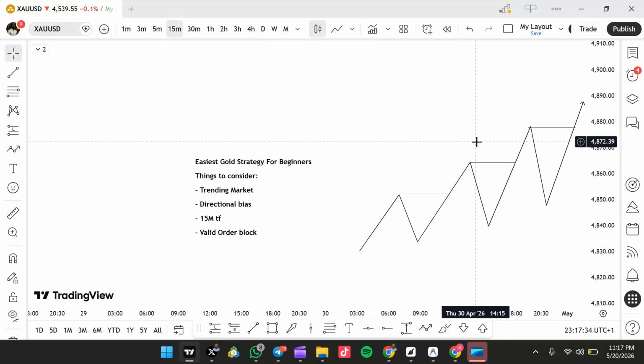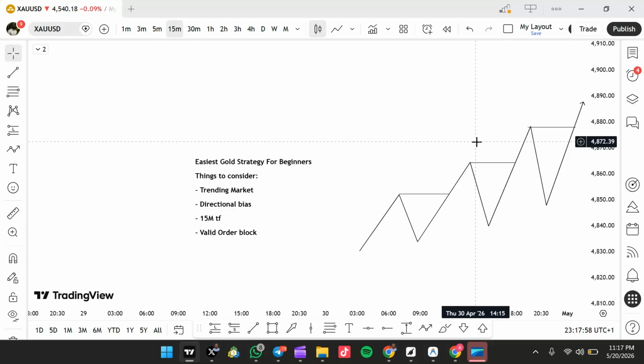Directional bias means that if the market is bullish, you focus on looking for buying opportunities, and if the market is trending bearish, you focus on looking for selling opportunities. That's basically directional bias. Just identify one direction for that particular day and focus on looking for setups in that direction.